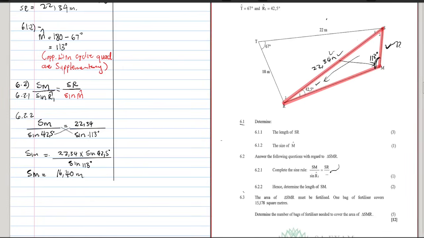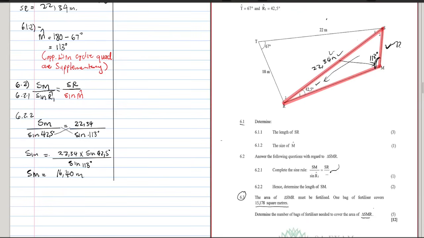Okay, so then for the last question, the area of triangle SMR must be fertilized. That red area must be fertilized. 1 bag of fertilizer covers this much. Determine the number of bags of fertilizer needed to cover that area. So the logic goes like this.